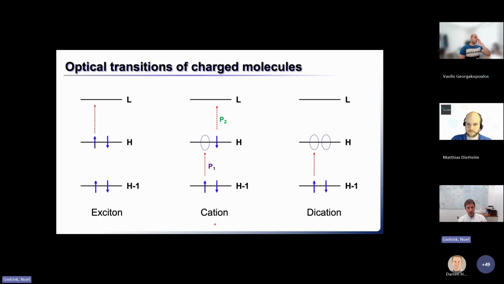So I want to start by going back to some of the basics of excited states. First is just the exciton transition that's dominated by the HOMO-LUMO transition that we're all familiar with. And then look at the optical transitions of charged molecules.